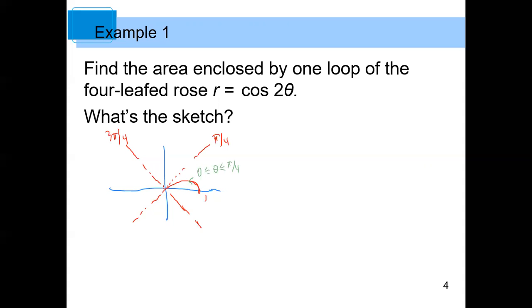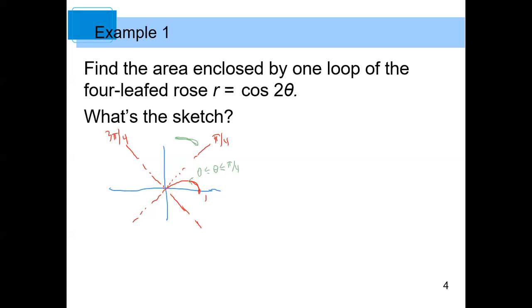Then what happens when you're between pi over 4 and pi over 2? Cosine of twice that is going to be negative. So when I'm in this region, the radius is actually negative, which means I flip down into the opposite quadrant. Does that make sense? I would have been in quadrant 1, but now I flip across to quadrant 3, yeah?